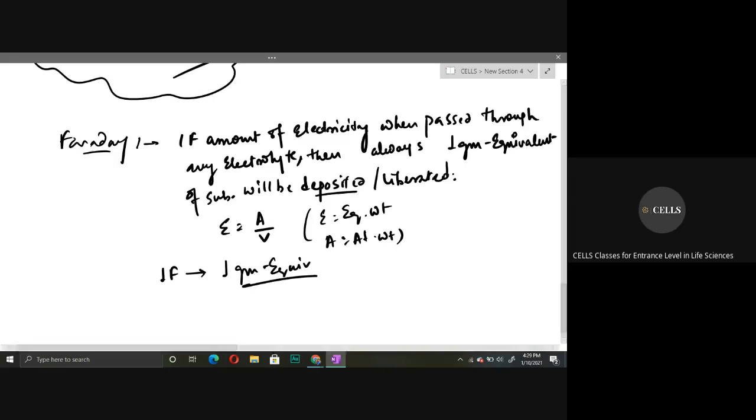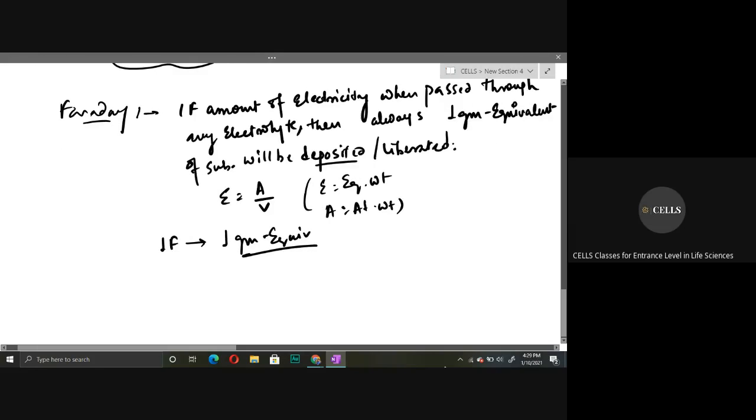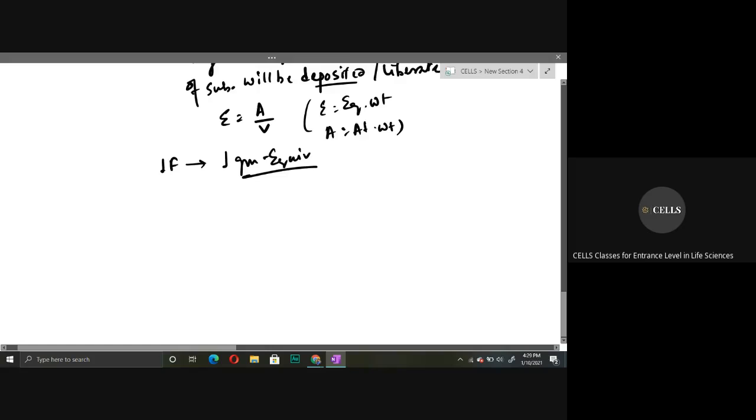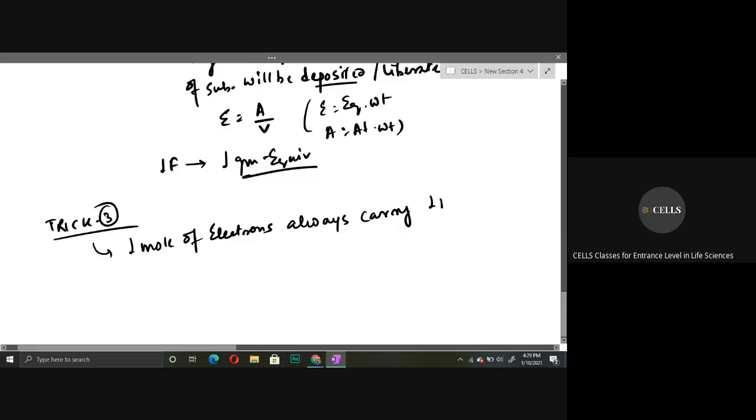Now, another important trick. Trick 3. 1 mole of electrons always carry 1 Faraday amount of charge.